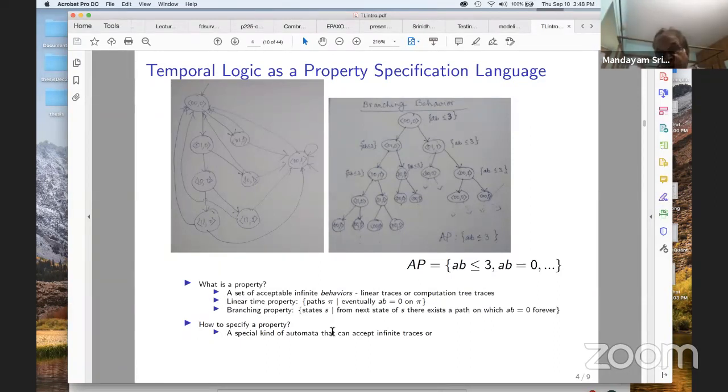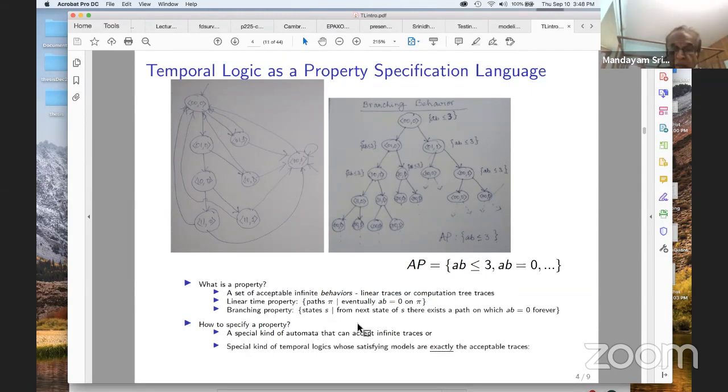So you could specify using a special kind of automata that can accept infinite traces. Because our behaviors are infinite, as I have noted several times, it cannot be a finite state automata, but it has to be an automata that can accept infinite traces.